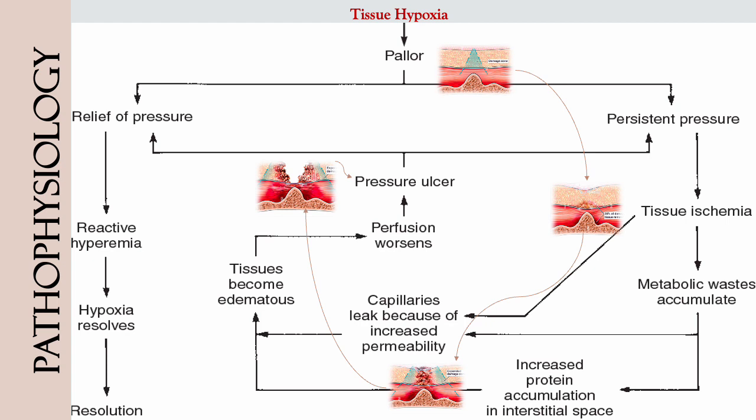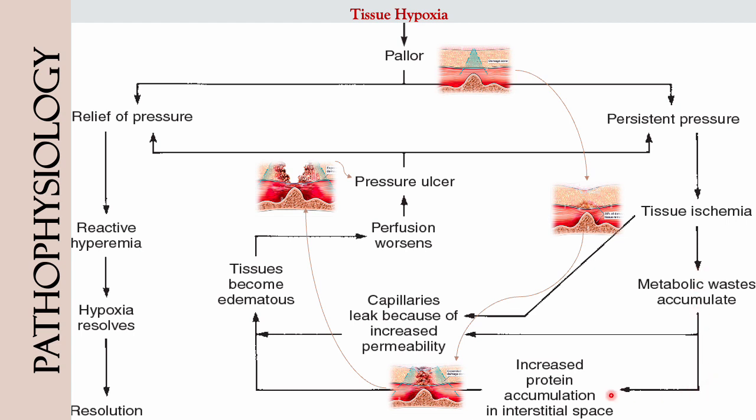This diagram shows the pathophysiology of pressure injury development. It all starts off with tissue hypoxia, which is caused by pressure, which can lead to pallor. If the pressure is relieved, then reactive hyperemia occurs, hypoxia resolves, and there is no pressure injury. If the pressure persists, this will lead to tissue ischemia, which leads to an accumulation of metabolic waste.